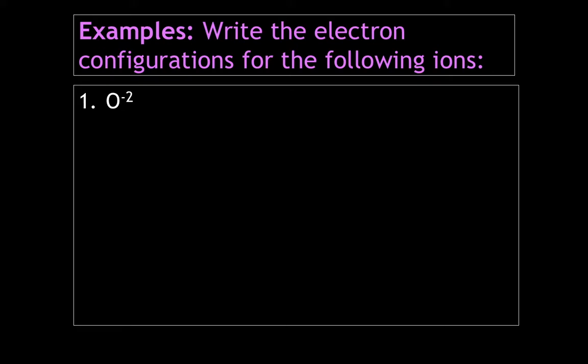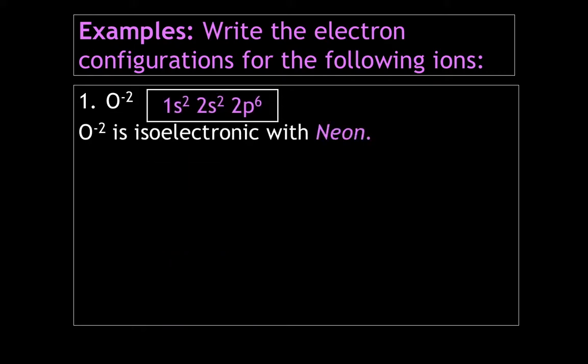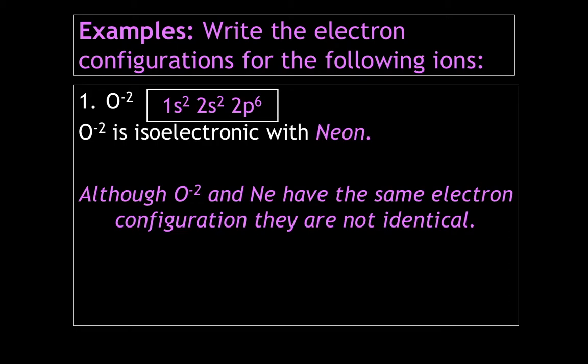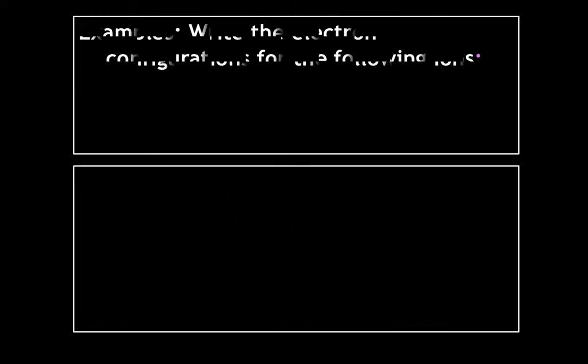So these are a little different. You just do that, because it's oxygen with 2 extra electrons, and it's actually isoelectronic with the noble gas. You will have that question on the test, and that's how you would answer it. And that last section right there, I already told you guys it's not identical to the noble gas, and the reason why is because of the number of protons.